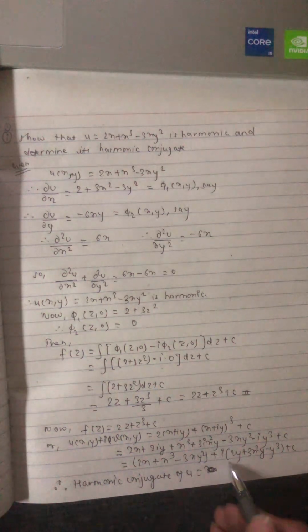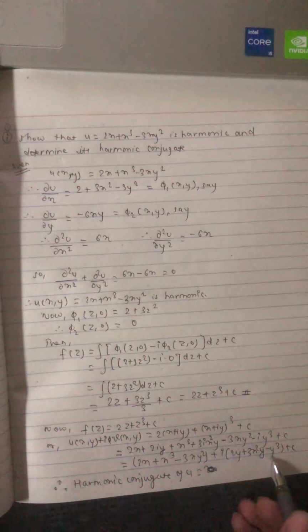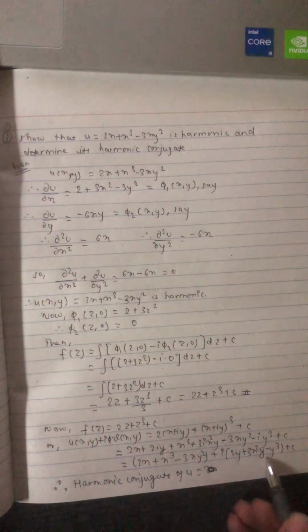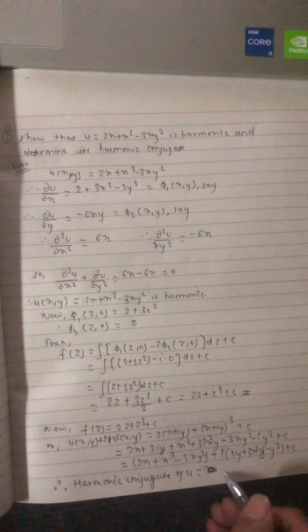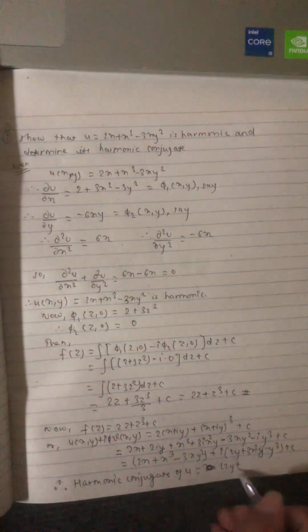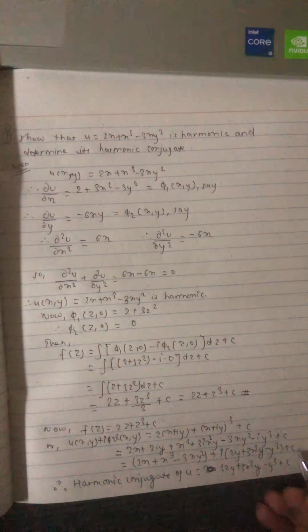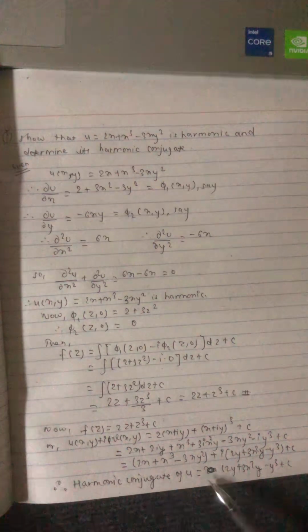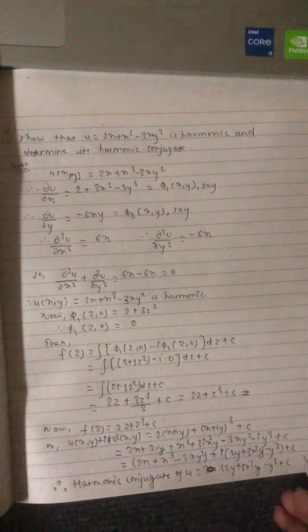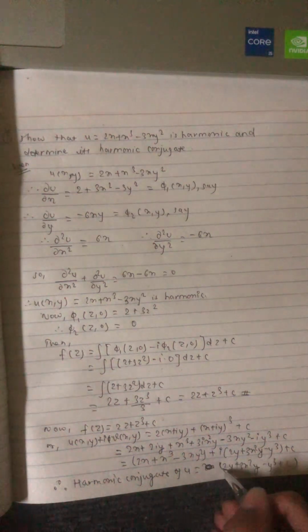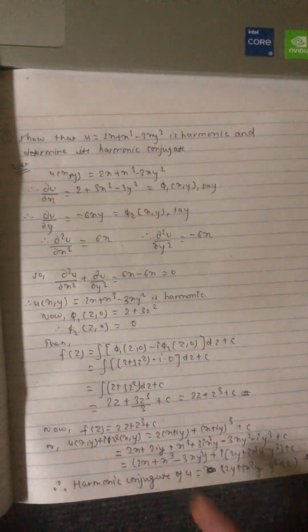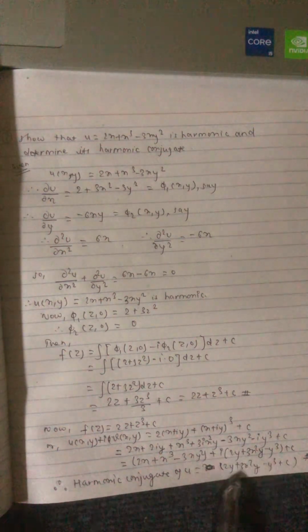The conjugate part is only this, the i part, the imaginary part. So we write 2y plus 3x square y minus y cube plus c, constant, because it is derived from the mathematical equation of integration.